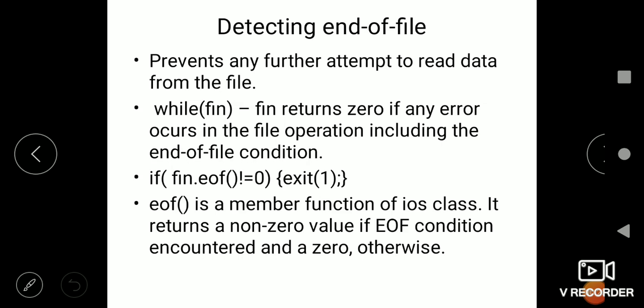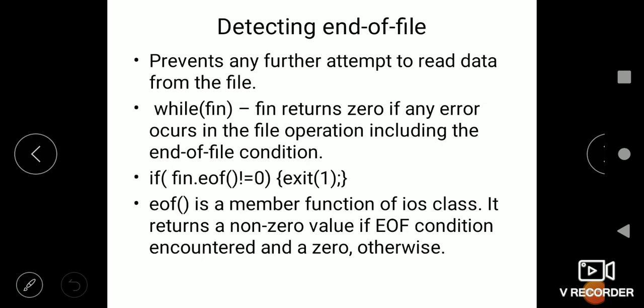One is while(fin). If fin is the stream object, fin will return 0 if any error occurs in the file operation, including the end of file condition. Okay, so if any error occurs in the connection and if we reach the end of the file, fin will return 0.